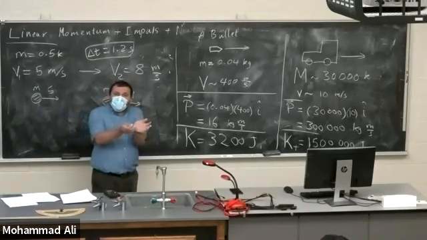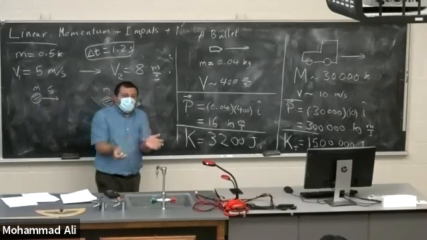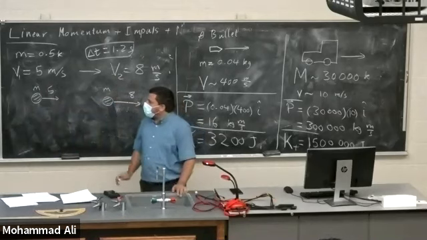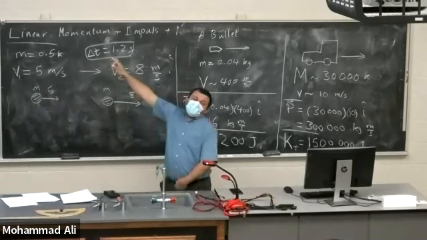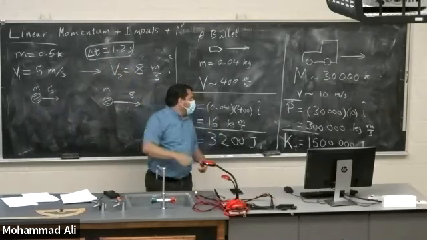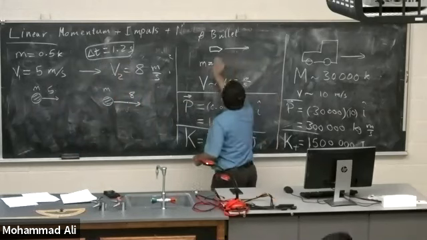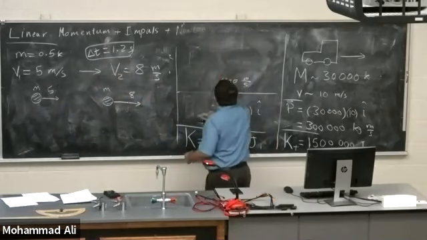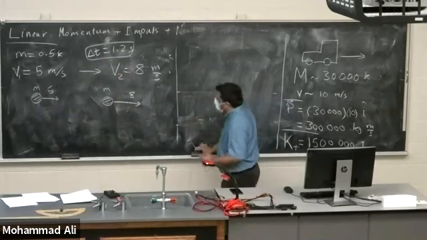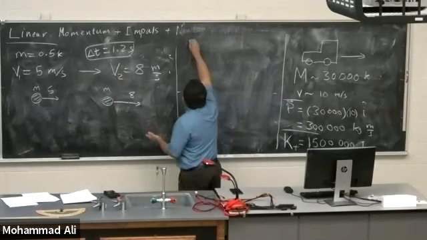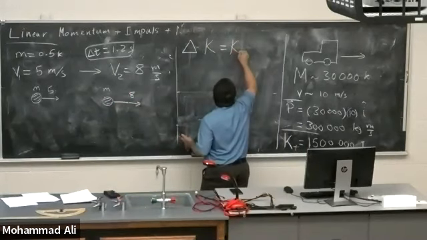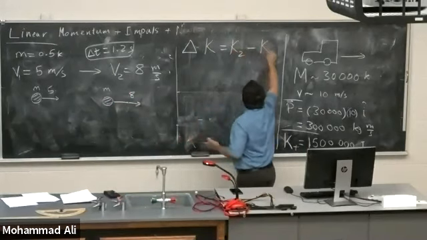Any new quantities that depend on the velocity? Yes, we have the kinetic energy. You're right, but I don't need to study it now. I'm talking about the momentum. But it's a good point. We have a change in kinetic energy, which is K2 minus K1.